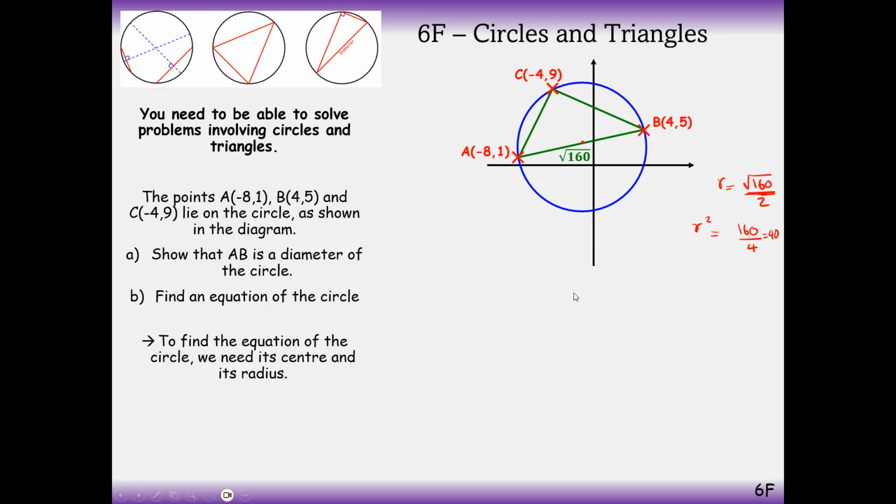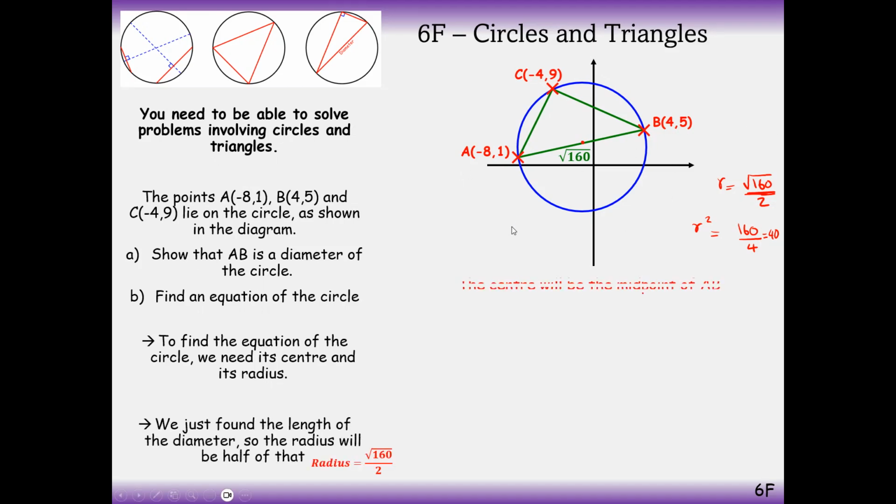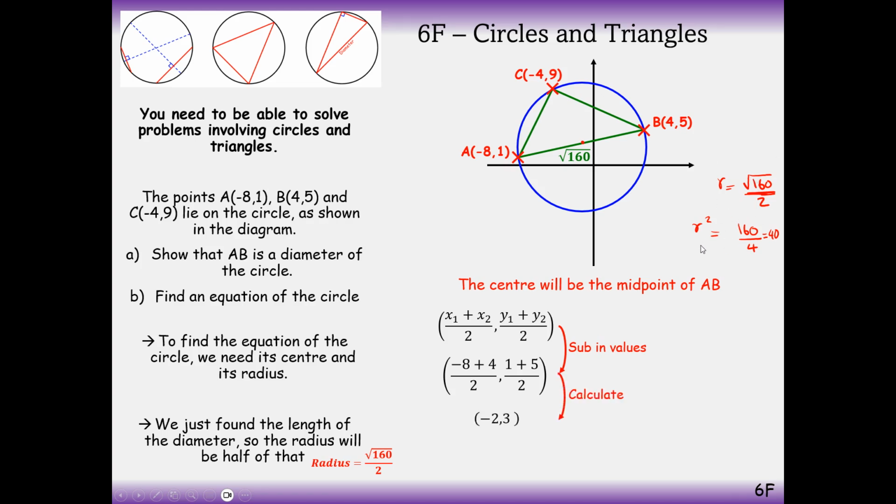Okay, so what we're going to do is figure out the midpoint of A to C, and the radius we already know. I showed you up there in the corner top. Going through the calculations for the midpoint, we get -2 and 3 here. And now we're going to put them into the equation of the circle.